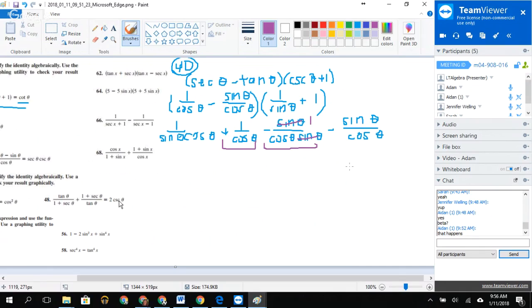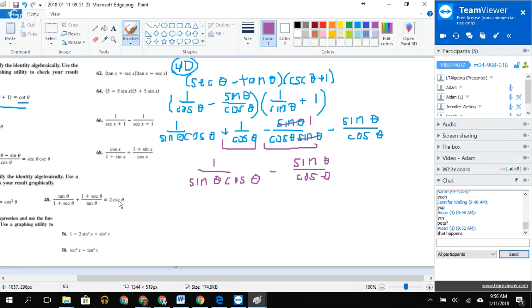So that cancels each other out. So yay. I'm down to just 2 crazy terms. So I have 1 over the sine of theta cosine of theta. Okay. Minus the sine of theta over the cosine of theta.